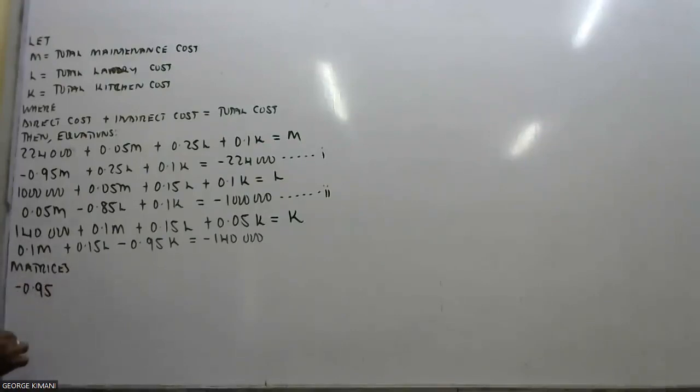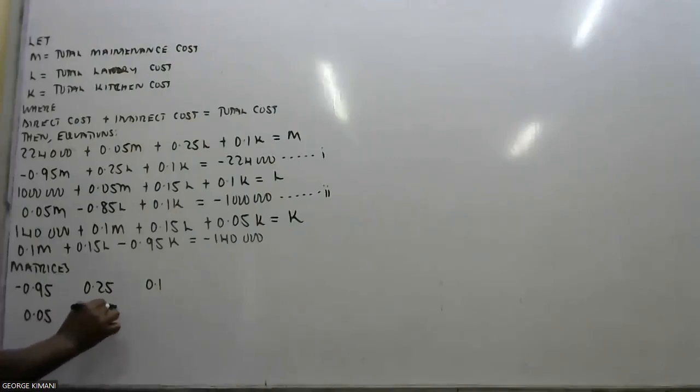The first one I have minus 0.95, followed by 0.25, followed by 0.1. Then I have 0.05, followed by minus 0.85, followed by 0.1.